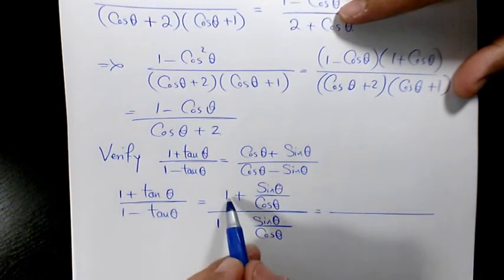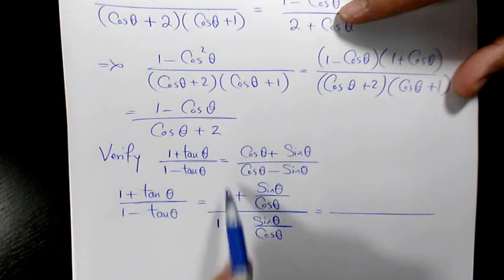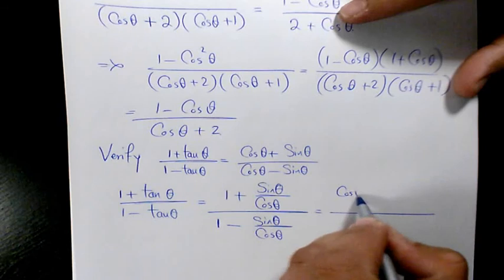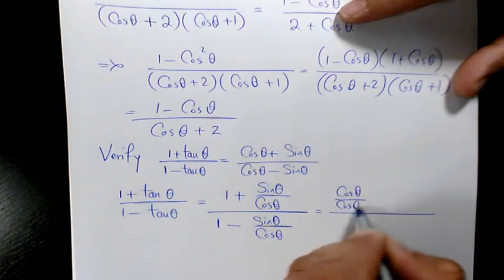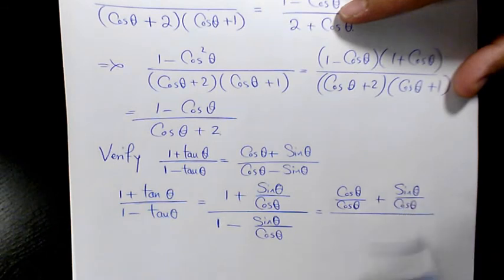When you add them, we need to have the common denominator. So instead of 1, I'm going to put cosine theta over cosine theta. So that's going to be cosine theta over cosine theta plus sine theta over cosine theta.